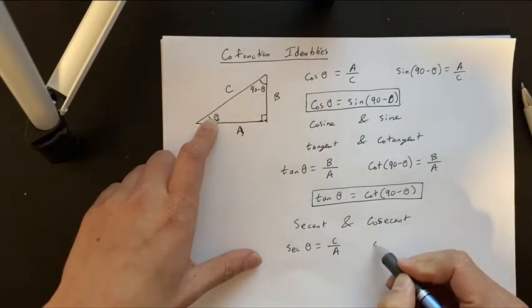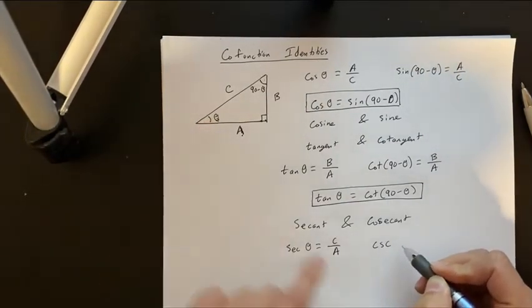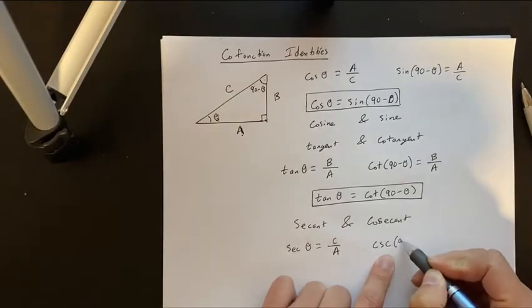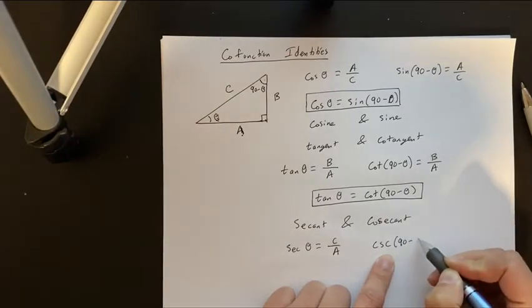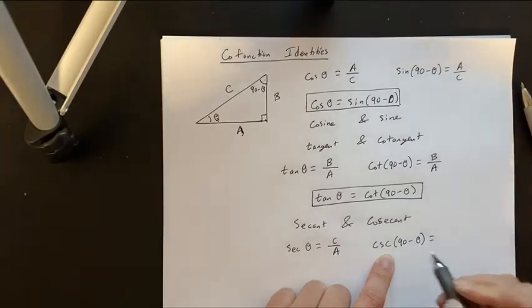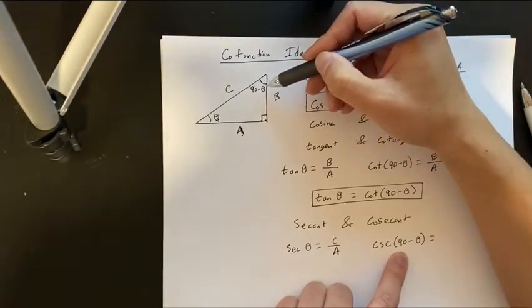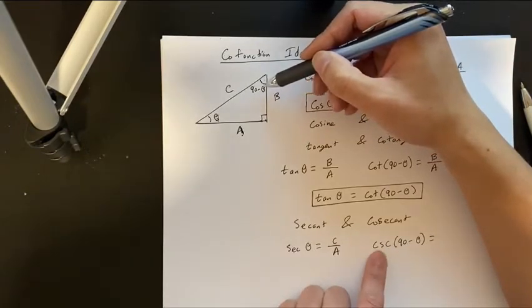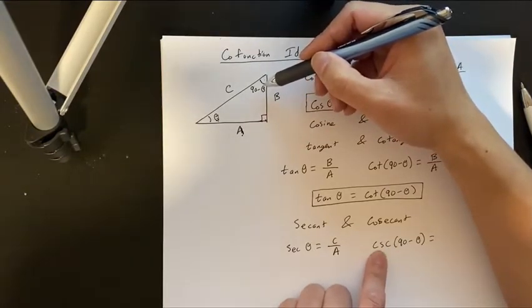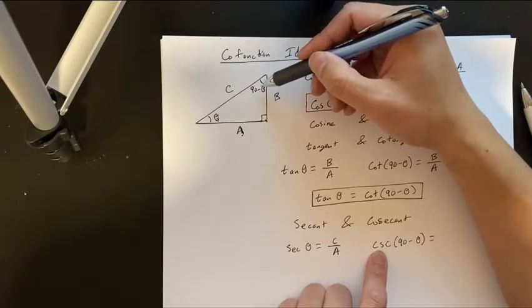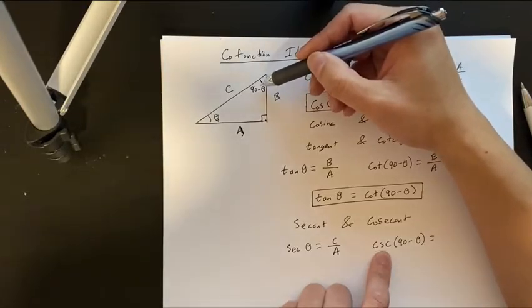And I'm going to take the cosecant of the complementary angle, that's 90 minus theta. In reference to this angle, what is cosecant? Cosecant is 1 over sine, the reciprocal of sine.